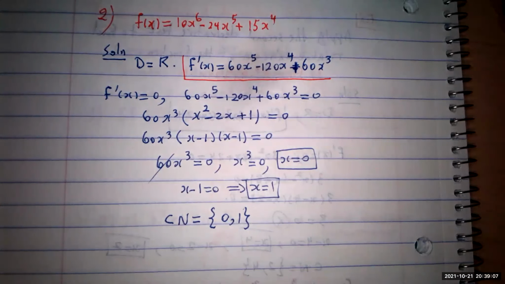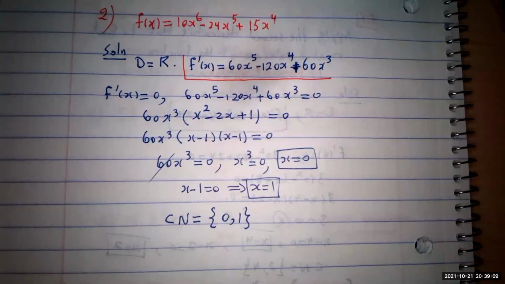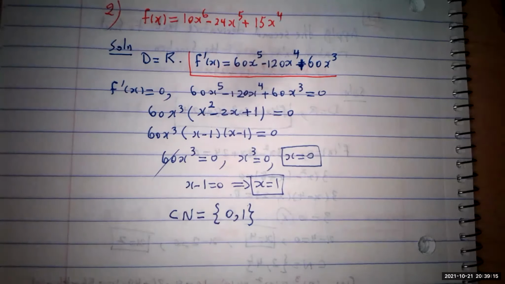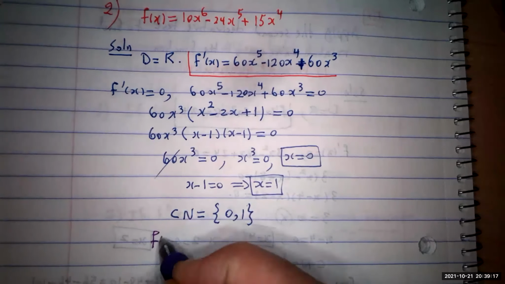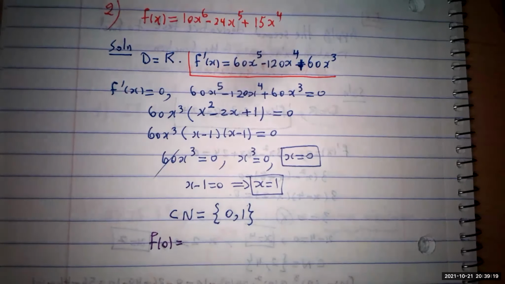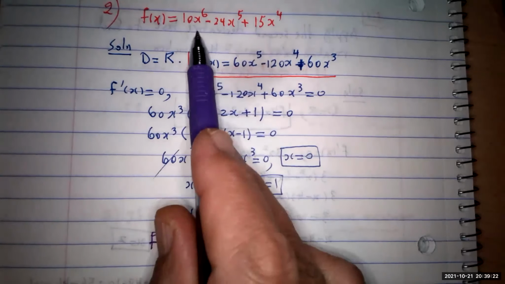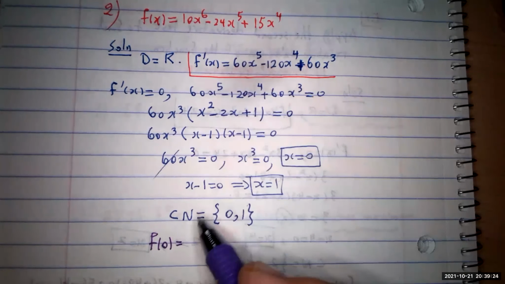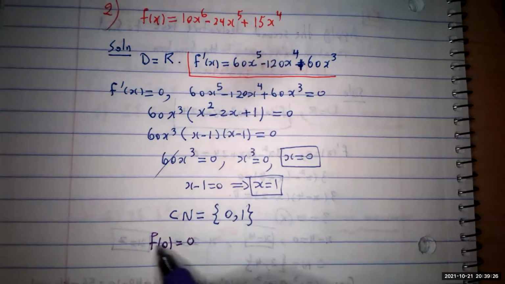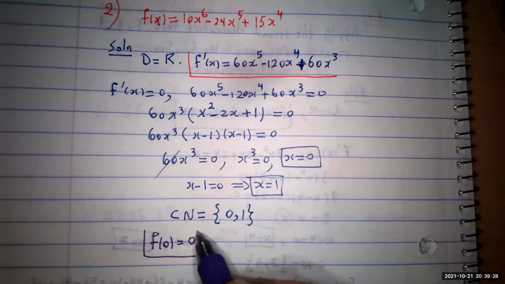Now the next step is you are going to drop these critical values, as we did before, into the function, and then you test it. So we are going to find f of 0. If you put the 0 in the function, you get 0, so f of 0 would be 0.